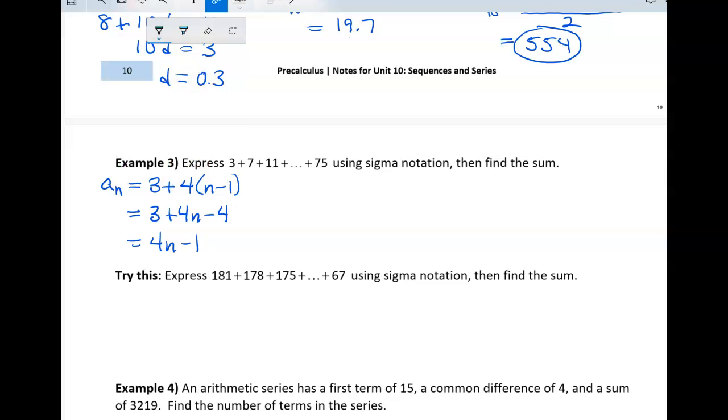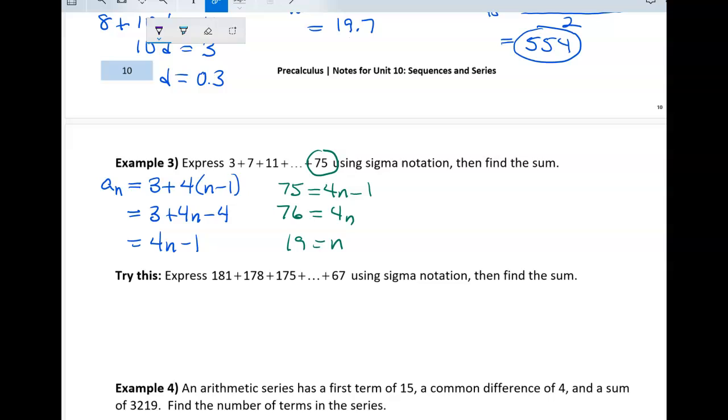We do know that the last term is 75, but we don't know what number term that is. So let's take our 75 and replace a sub n with it. Set that equal to 4n minus 1, and then solve. And that's going to give us 19. So there are 19 terms in this series.